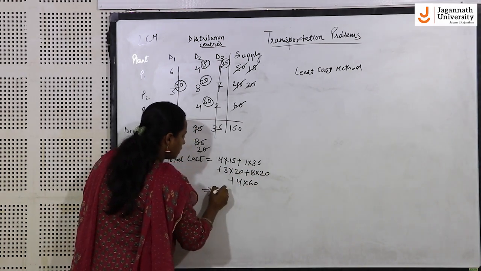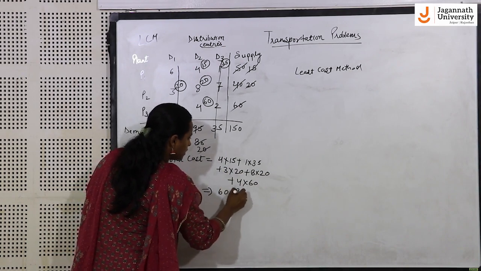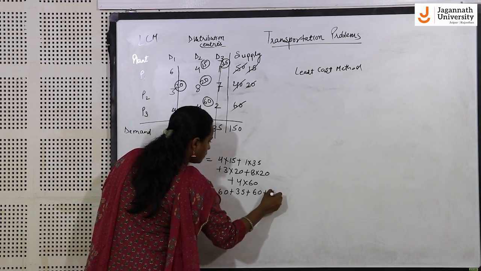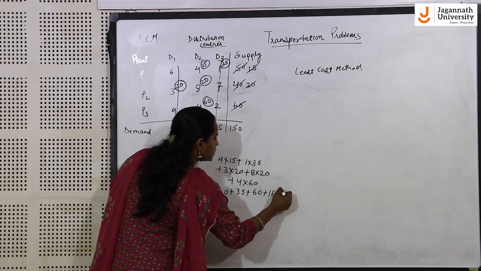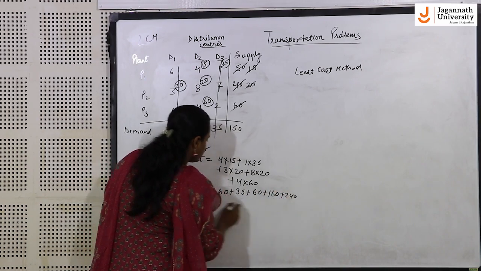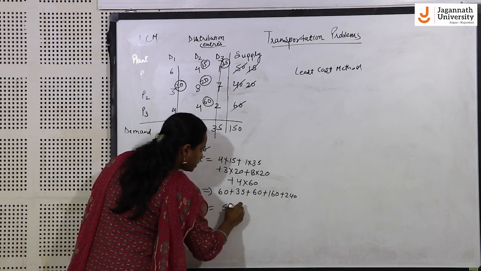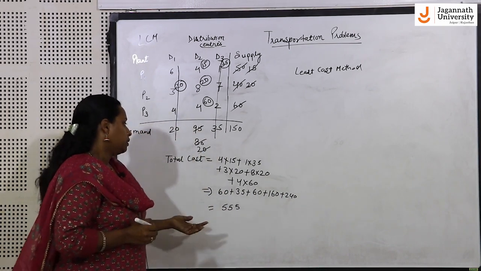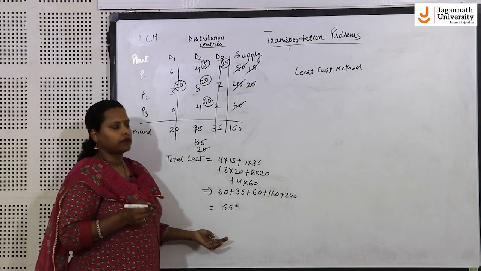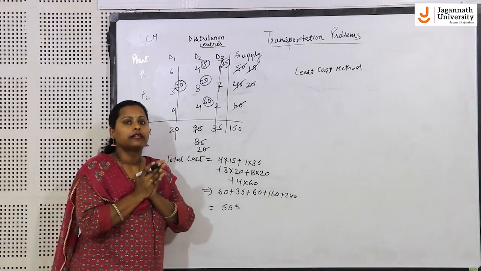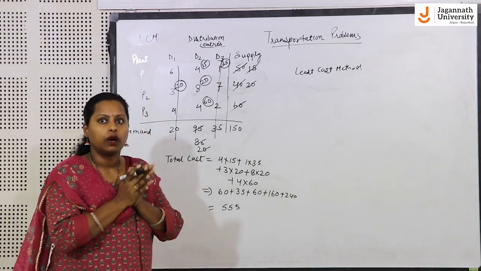So this will be 60, 35, 60, 160 and 240. The total will be 555 units. Fine. 555. So there is one another method to check your allocations.